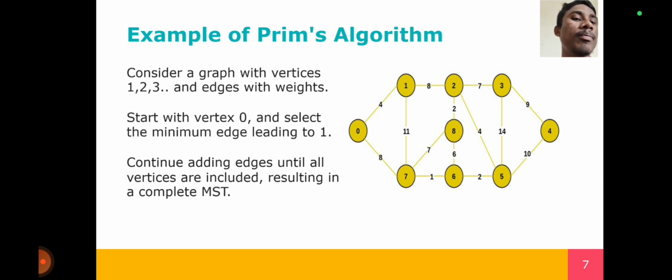Since weight 4 is less than 8, we travel from vertex 0 to 1. We continue adding edges until all vertices are included, resulting in the complete MST. Here we visit every node but do not form a closed loop.